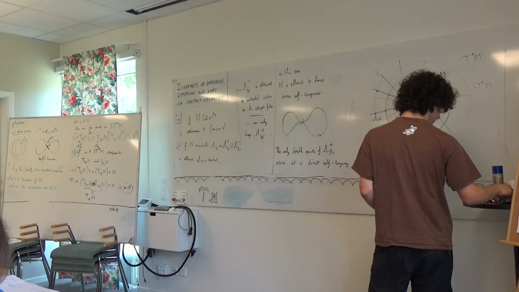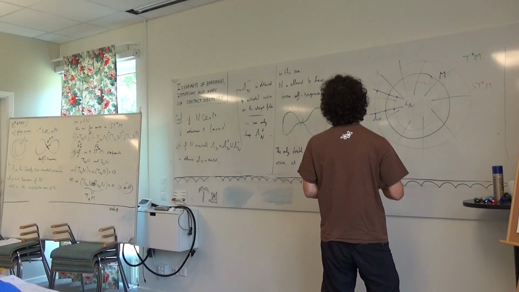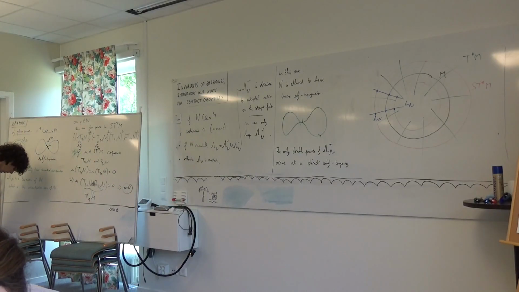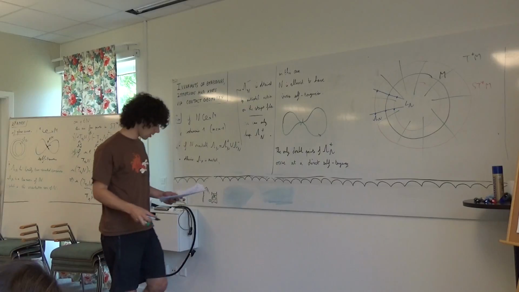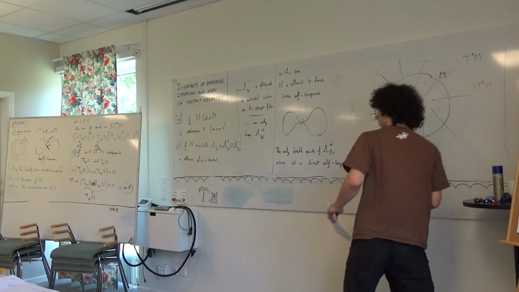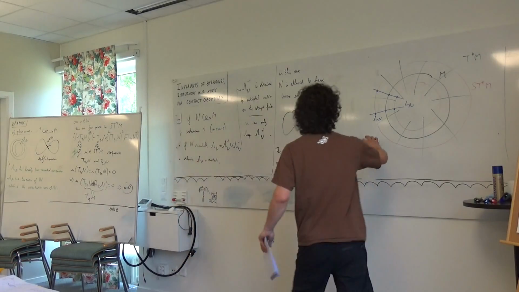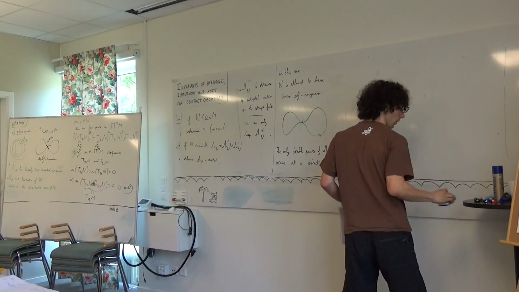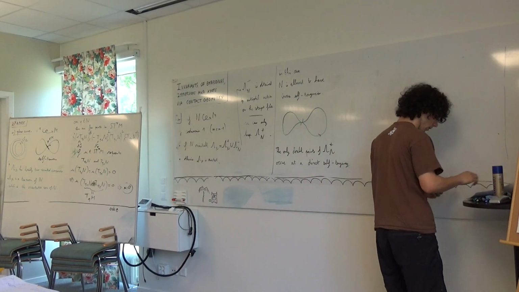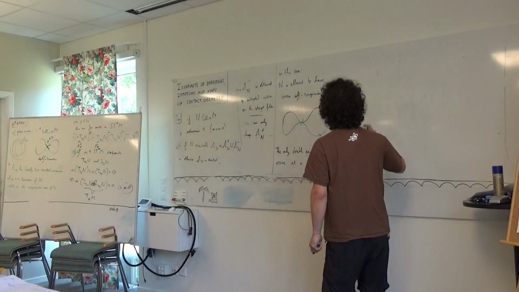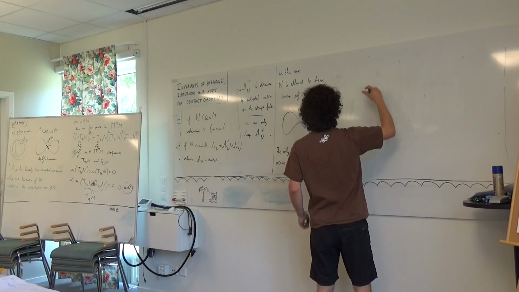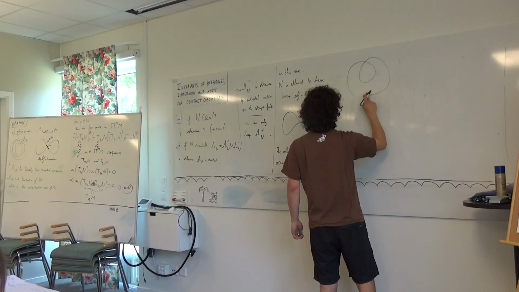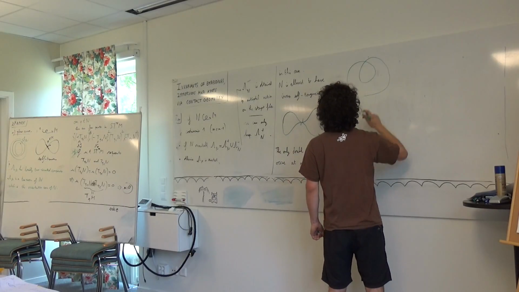For example, if you have a front like this, a plane curve like this, okay.